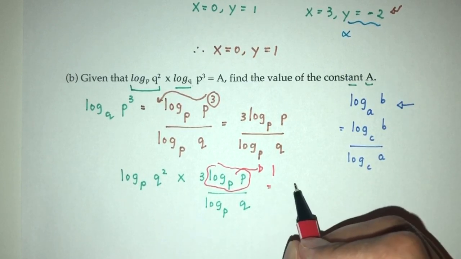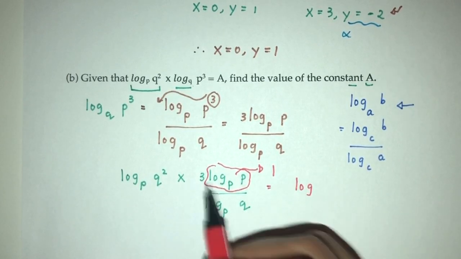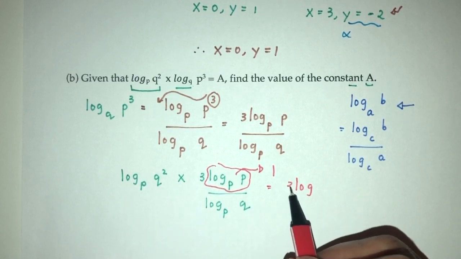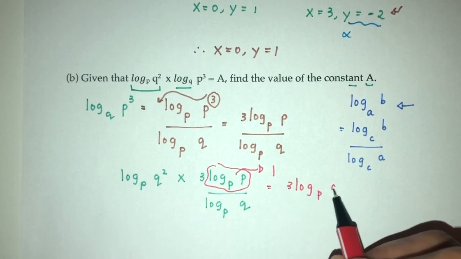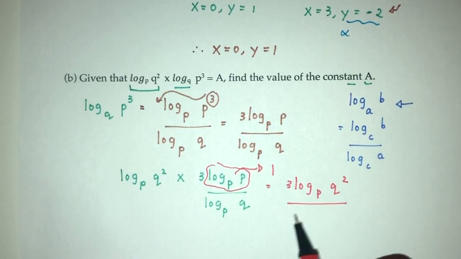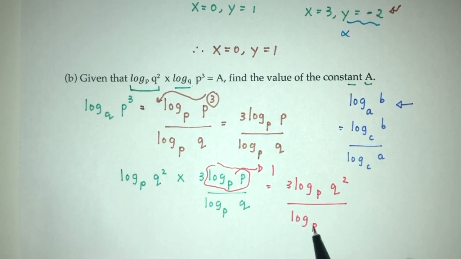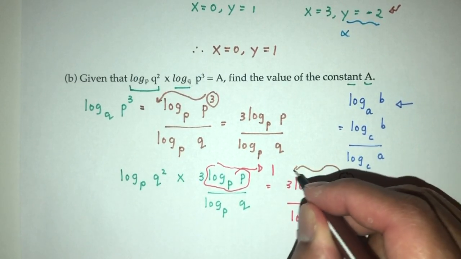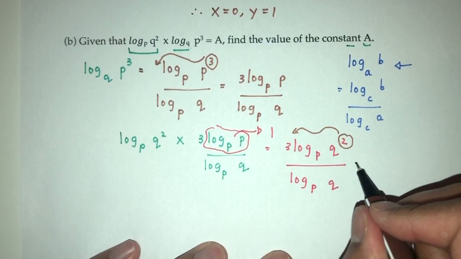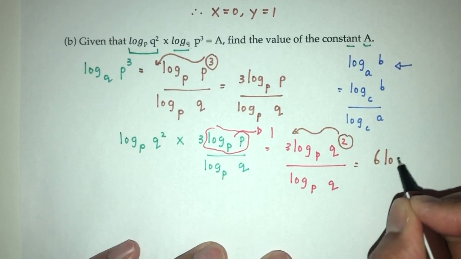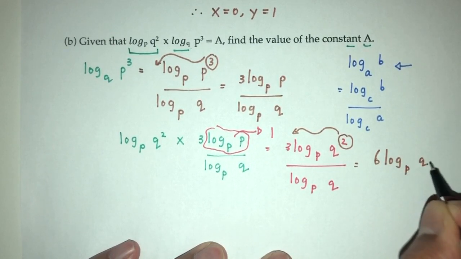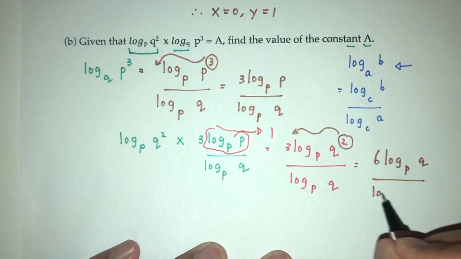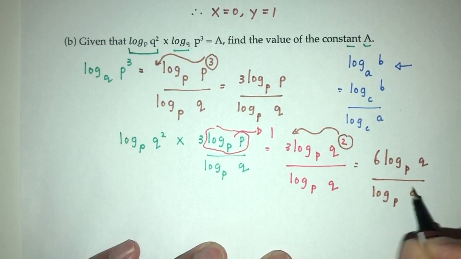So this will simplify to, we'll take the value here, that will be 3 obviously, log to the base of p, q squared over the value of log base p of q. Now obviously we can send the power again to the beginning, so you will end up with 6 log base p of q over the value of log base p of q.